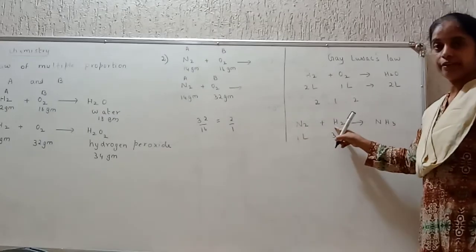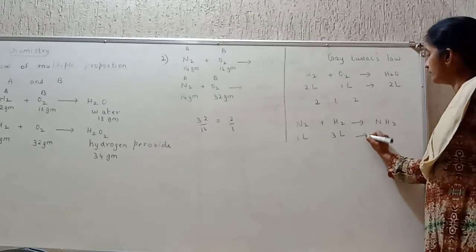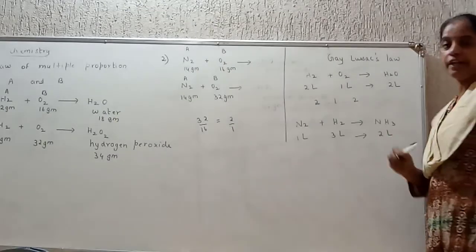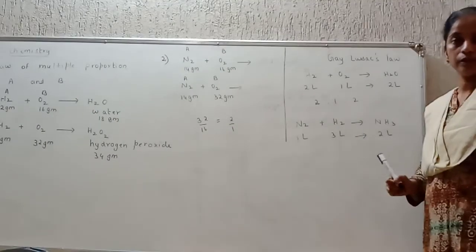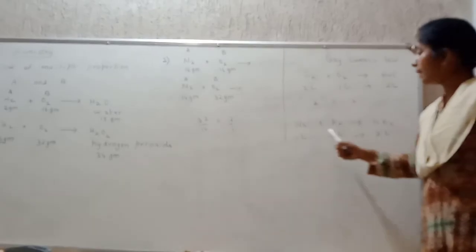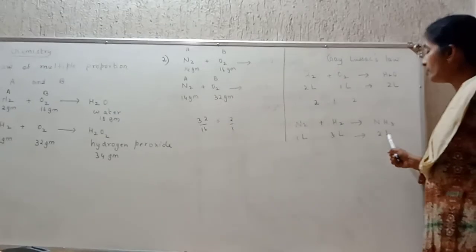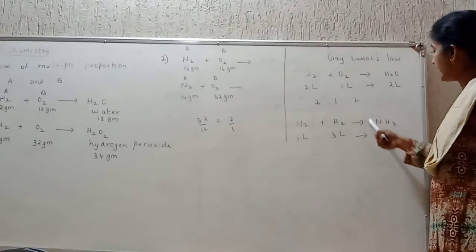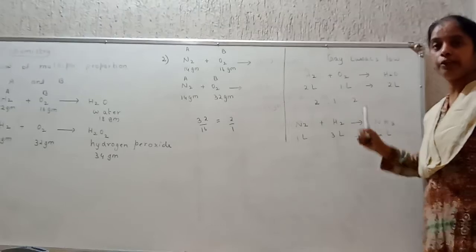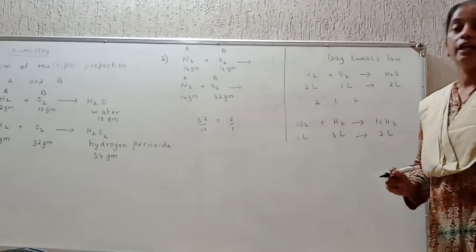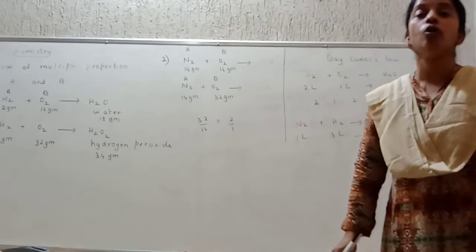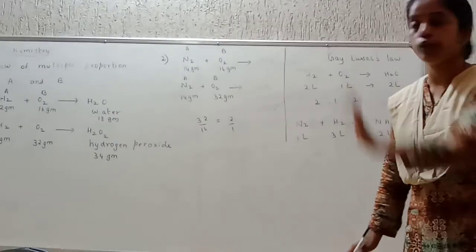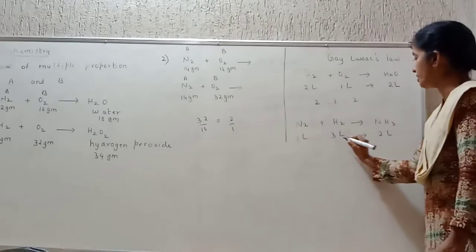Gases are combining to form 2 liters of ammonia. Here gas is formed, here gases are combining together. They do so in a simple, definite ratio by volume. Volume ratio? 1:3:2.